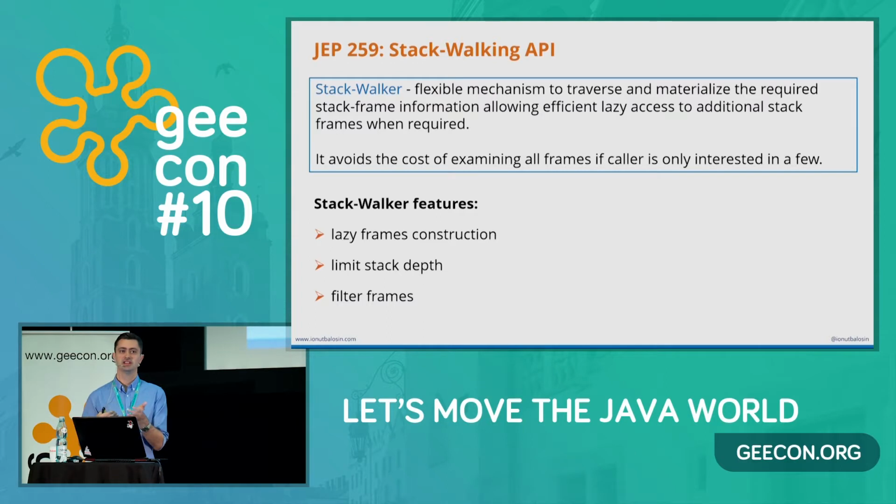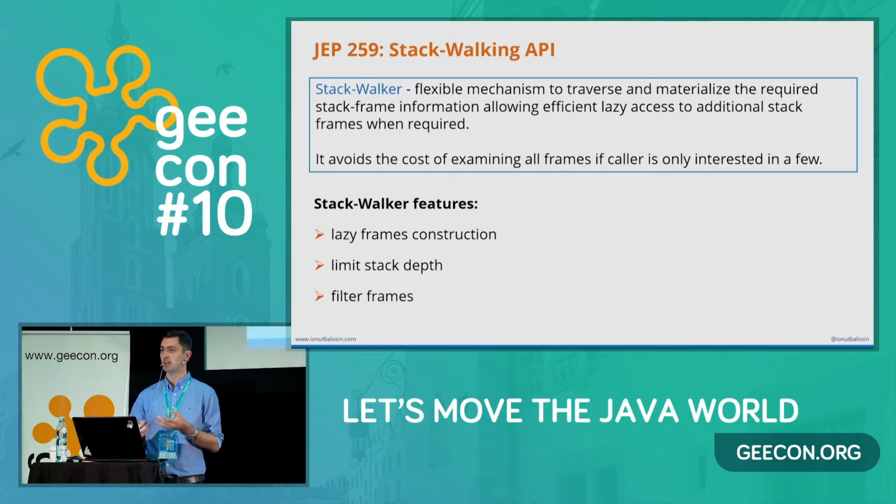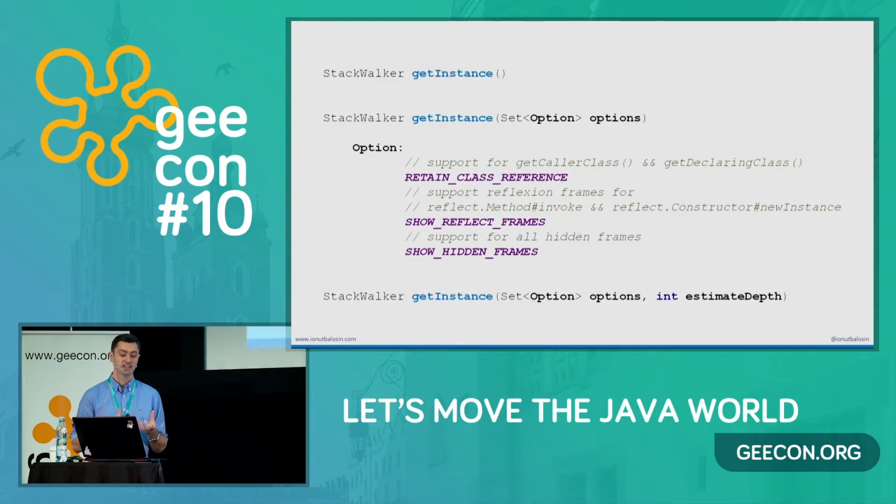Recall until JDK 8 there was Thread.getStackTrace, which implicitly filled in all the stack traces, and you pay the cost to create that stack trace element array, which even if you are interested in, for example, inspecting a few of them, you pay the cost for all. However, this stack walking API is a nice way of doing that in a lazy way and to limit the depth.